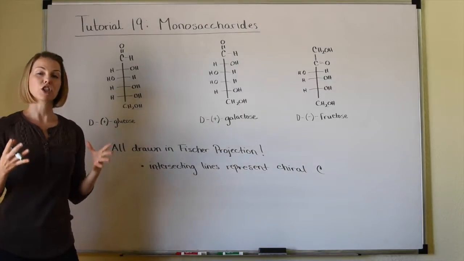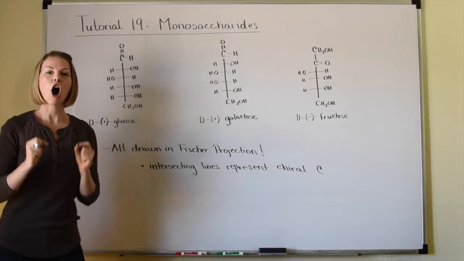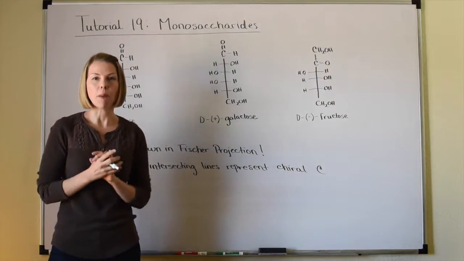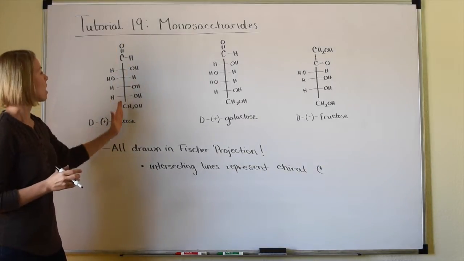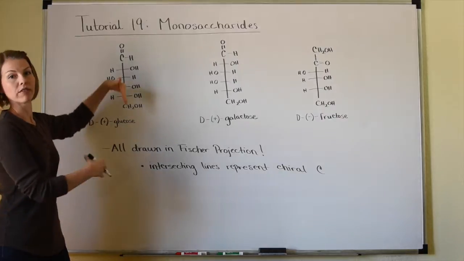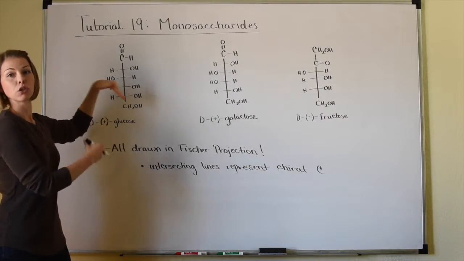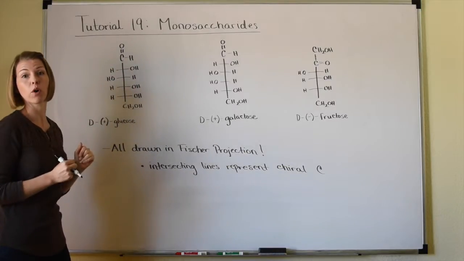Remember that a Fischer projection is representing a specific conformation of a molecule. In a Fischer projection, all of your vertical bonds are oriented away from you. They're going into the plane of the paper, or in my case, the plane of the white erase board.